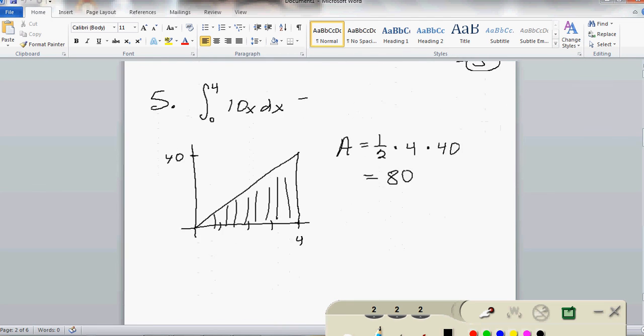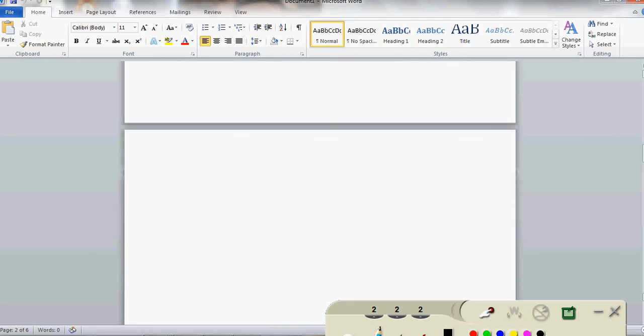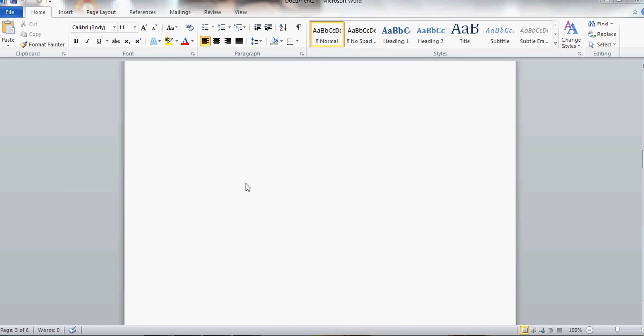Example 6. Let's see, we want to go from negative 1 to 9, and it's the integral of the absolute value of x dx.